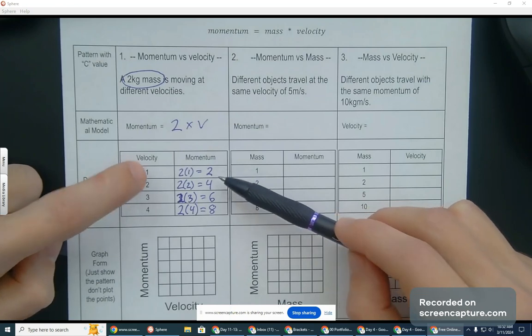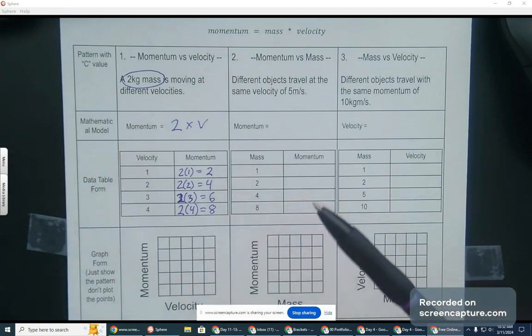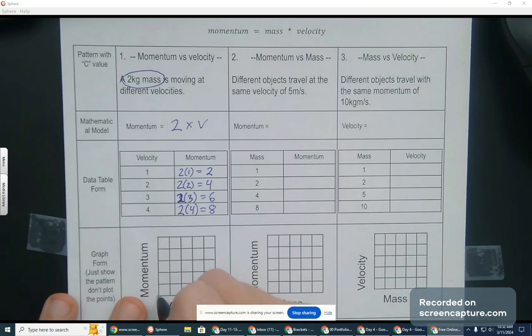So when the input doubles and the output doubles, that tells you that it's going to be a proportional relationship. We can see it up on the front of the board, and that's that blue diagonal line, just like that. You don't need to do any points. You just show which of the patterns it relates to.